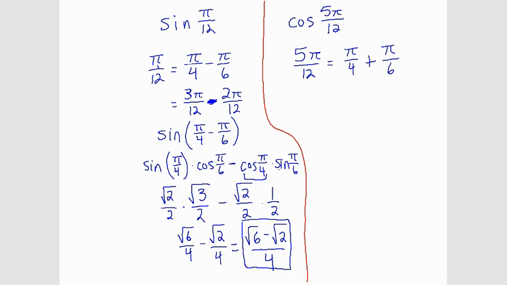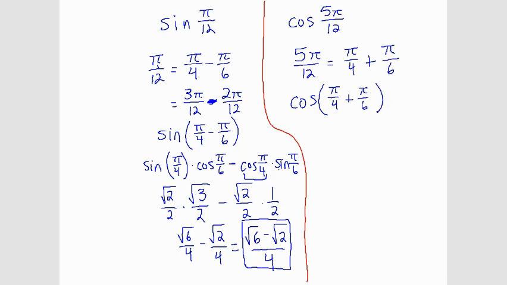You could use others. For example, if you wanted to get pi over 12, you could use 5 pi over 4 minus 7 pi over 6. As long as you're using two consecutive values that differ by a pi over 12 on the unit circle, you could use whatever you want. But it's also always nice, in my opinion, to go with the first quadrant. Okay, so let's rewrite this as cosine of pi over 4 plus pi over 6.